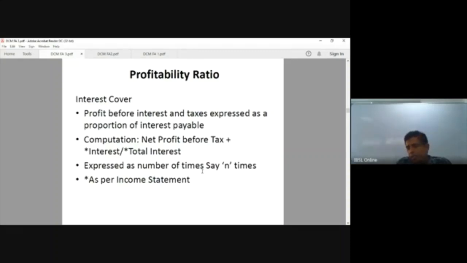It says this company can pay the interest 11 times using its profits. That is how you interpret the interest cover. The higher the number, the better it is.